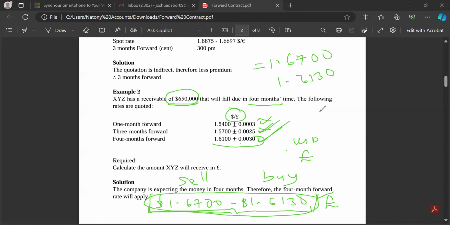That means the bank will be buying the dollar from the company when the company receives the money. Therefore, the rate that applies will be 1.6130. I hope that is the rate that you chose.